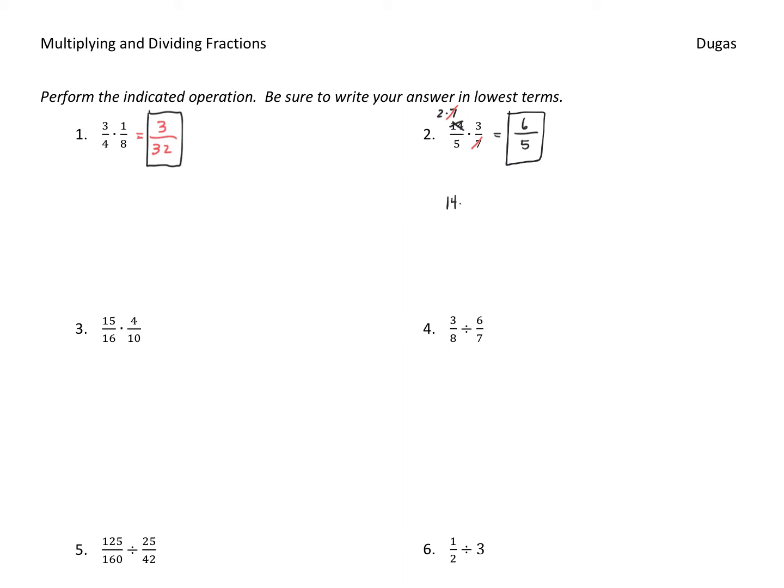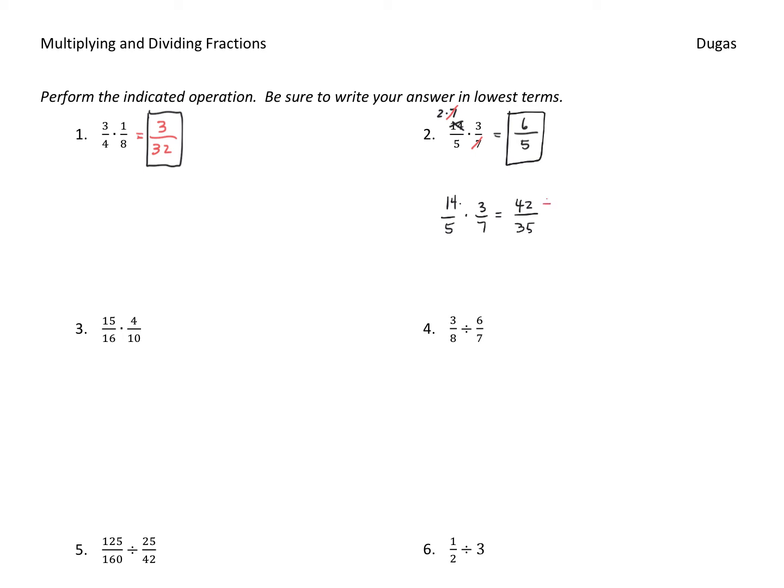Just so you can see the other way to do it, you do 14 over 5 times 3 over 7. You would just multiply straight across. So this would be 42 over 35. And then you would have to figure out what you could divide both 42 and 35 by.